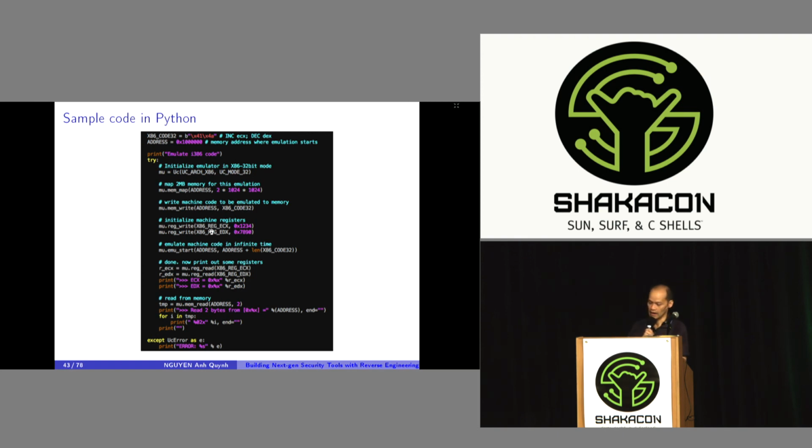And then I set up the CPU context before the emulator runs. Here I set the values for 2 registers, ECX and EDX. And then I run the emulator, that's it. I run the emulator for the 2 bytes from the array here, and then the emulator stops and it's done.